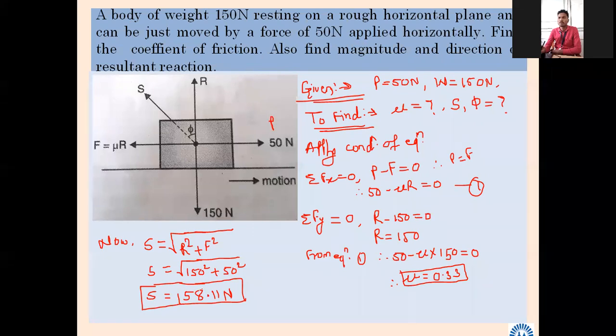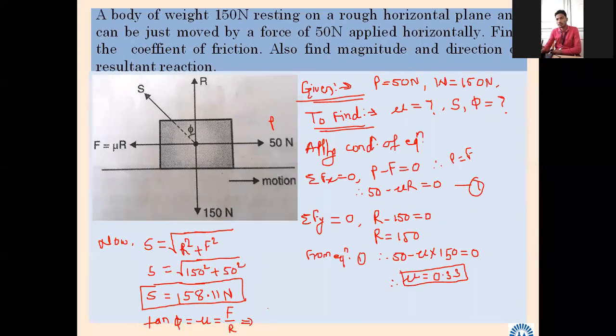Direction of the resultant. How to find that? Tan phi equal to mu, that is equal to F upon R. We want phi. So phi is tan inverse of 0.33.